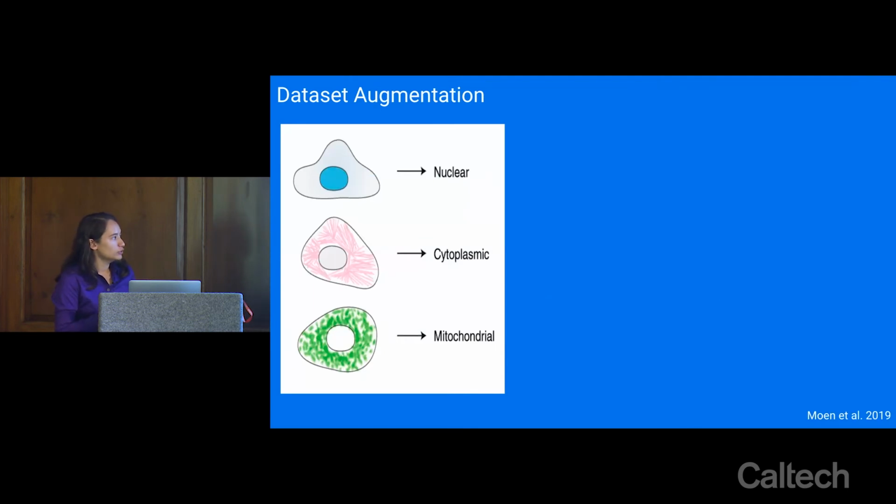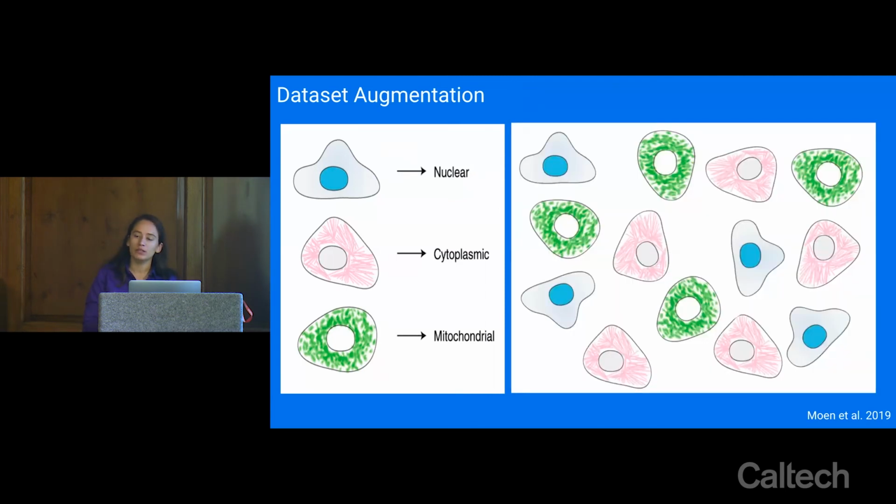Now this is an image of 3 cells, and they're dyed to have different things. One of them is dyed to have the nucleus be very apparent, one is dyed to have the cytoplasm be apparent, and one is dyed to have the mitochondria be apparent.